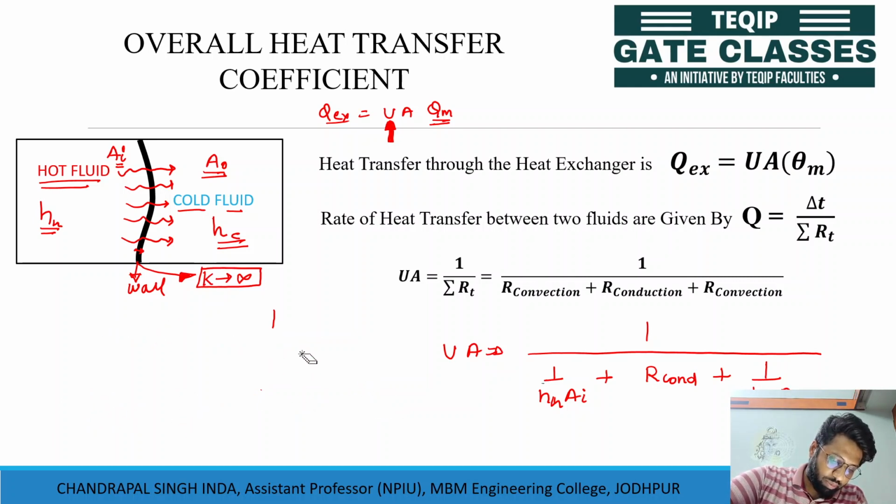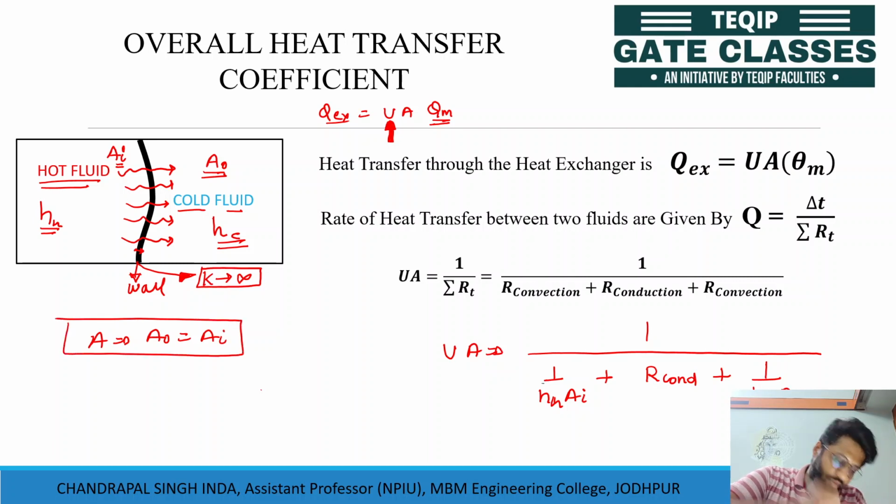If the separating wall is a plain wall, the A outer will be equal to A inner, equal to A0, as it is the surface area.